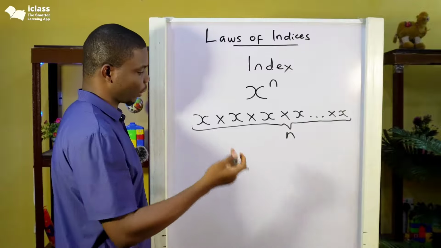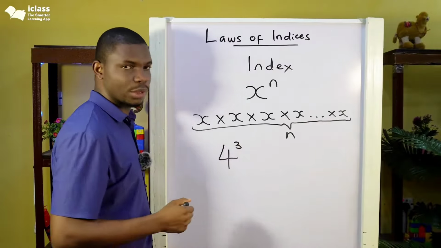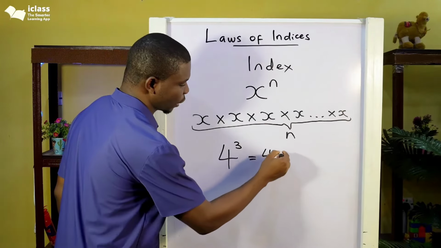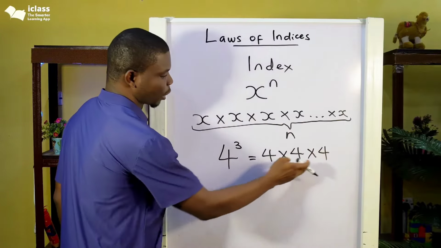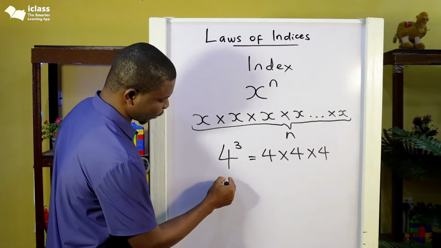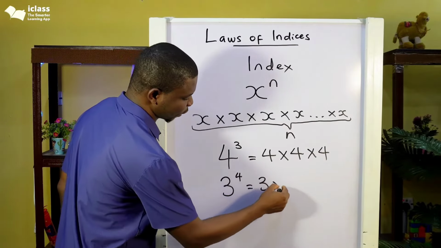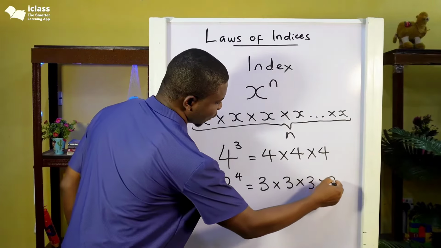Okay? So for instance, if you write 4 to the power 3, this is a short form of writing 4 times 4 times 4. So 4 multiplied by itself 3 times. If you have 3 to the power 4, this will be 3 times 3 times 3 times 3.